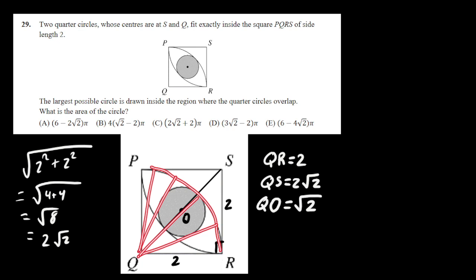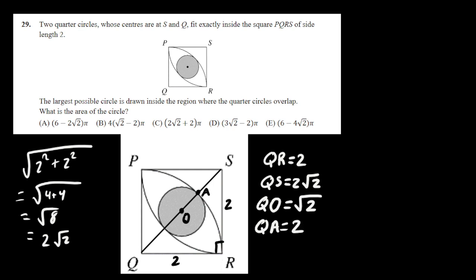That includes this line from Q to, I'll just call it A. So QA would equal 2, since it's on the circumference of the quarter circle.